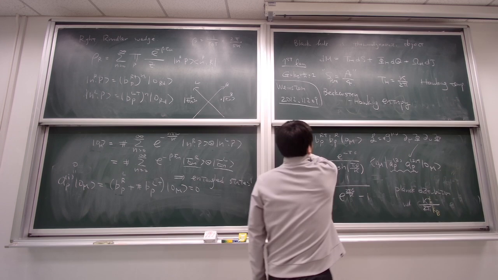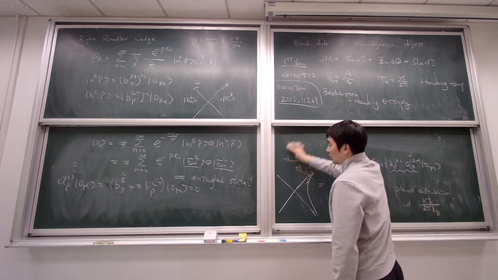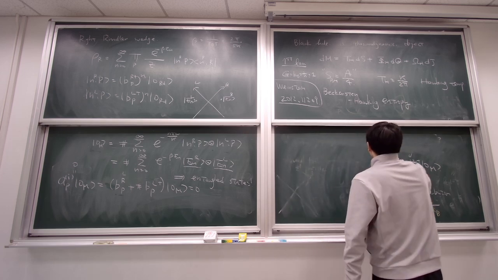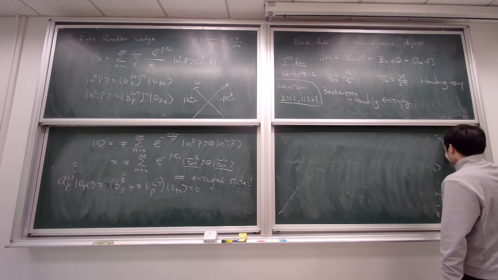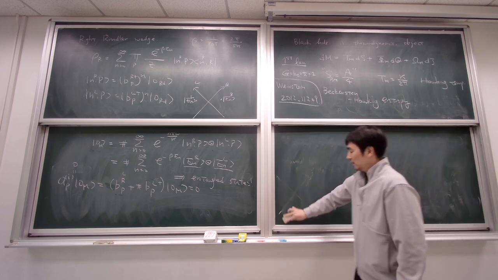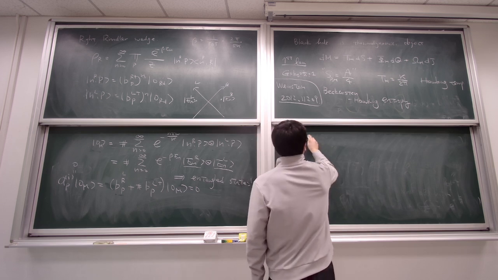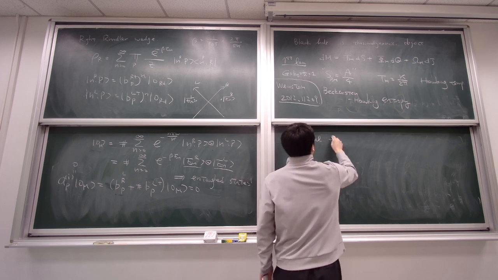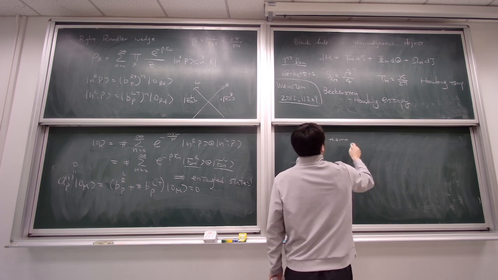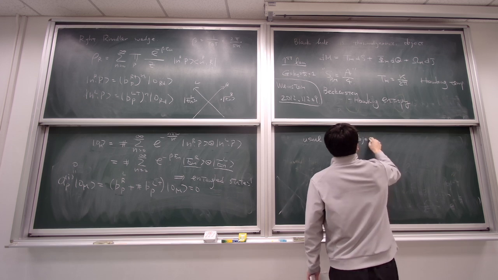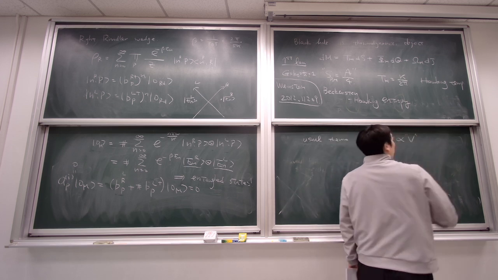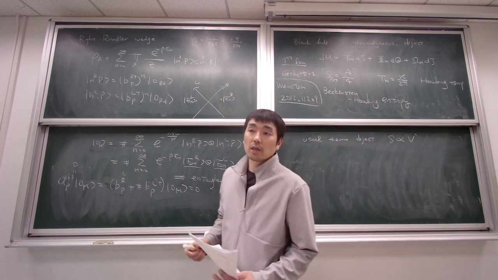If you consider a usual thermodynamic object like a cup of tea or the air, the entropy is proportional to the volume of the object.